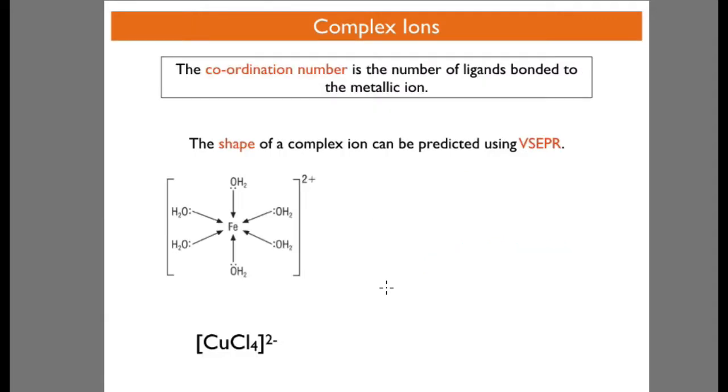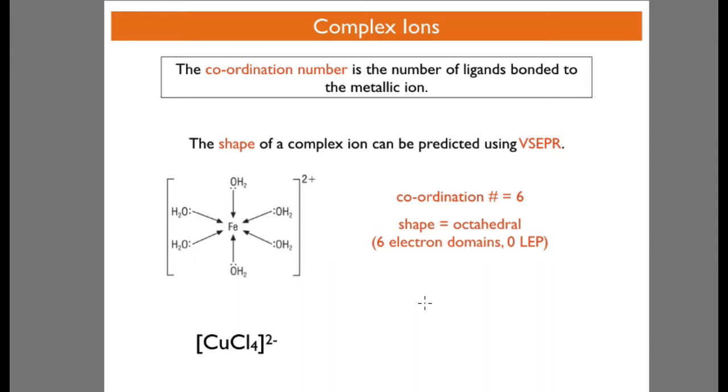The coordination number is the number of ligands bonded to the metallic ion. So you can see this picture, it's got 1, 2, 3, 4, 5, 6. It's got a coordination number of 6. The shape of a complex ion can be predicted using VSEPR. So this has a coordination number of 6, and we know it's octahedral because it has 6 electron domains.